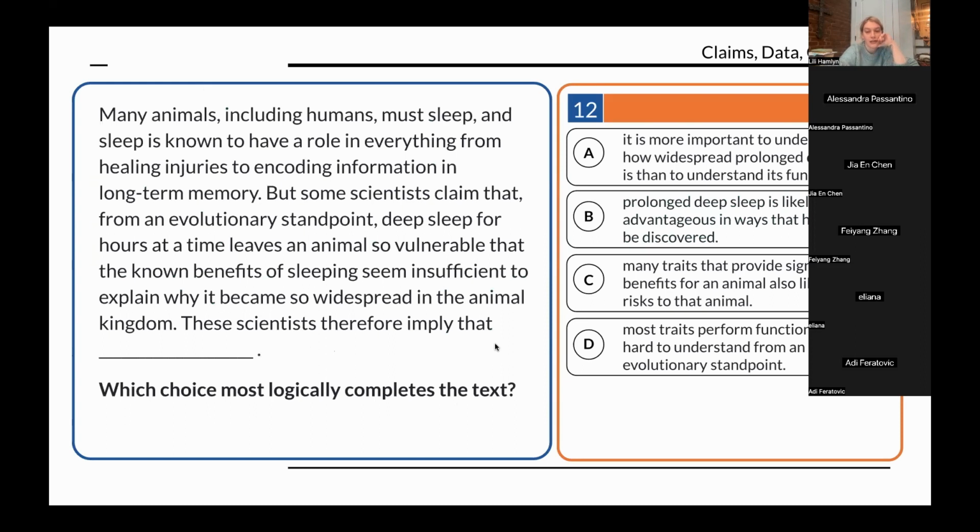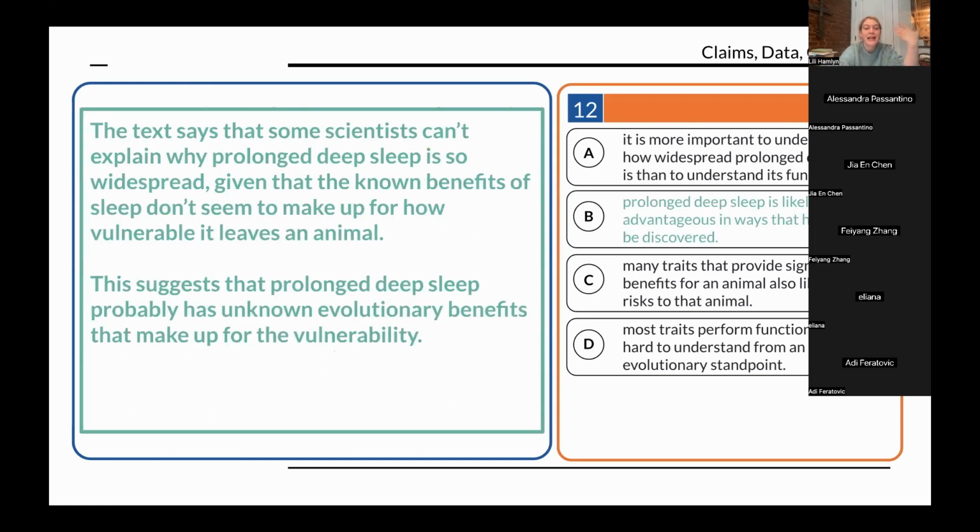Then the correct answer here is this, because the text says that some scientists can't explain why prolonged deep sleep is so widespread, given that the known benefits of sleep don't seem to make up for how vulnerable it leaves an animal, which then suggests that prolonged deep sleep probably has unknown benefits that we're not aware of that make up for the vulnerability.